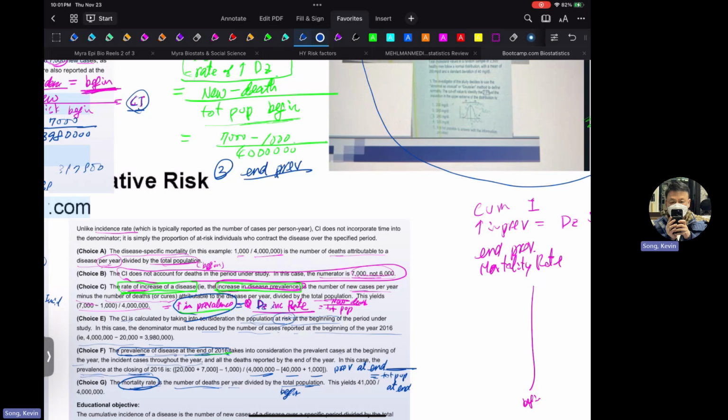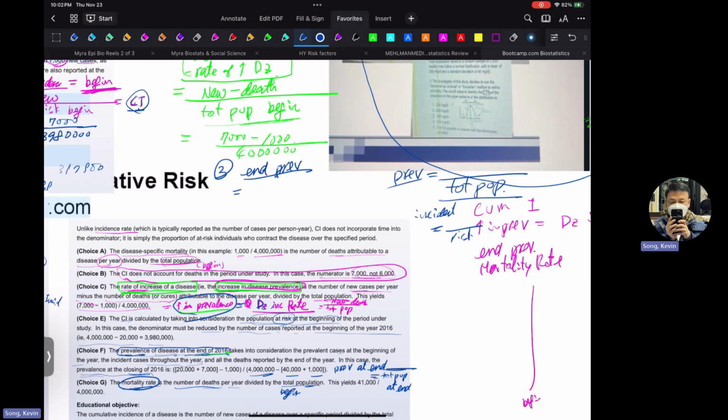This is a little bit different from the previous ones. Whenever you see prevalence, think about the denominator being the total population. For incidence, you think about the population at risk. And for prevalence, total population.